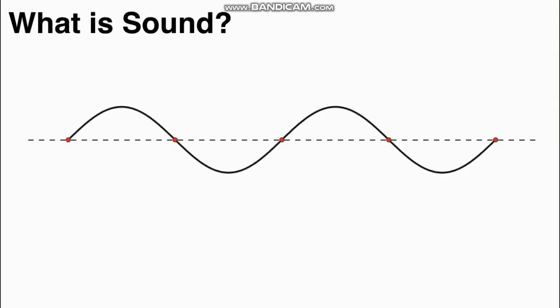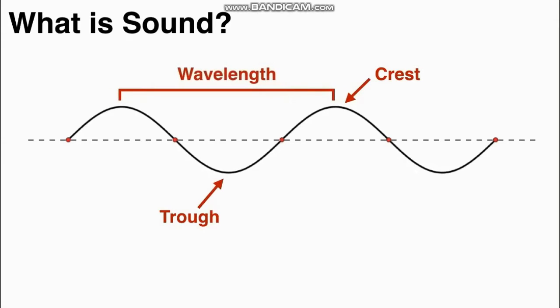They have a maximum point called a crest and a minimum point called a trough. They have a wavelength, which is the distance from a particular crest to the next one. They have an amplitude, which is the distance from the center line to the top of the crest or to the bottom of the trough.